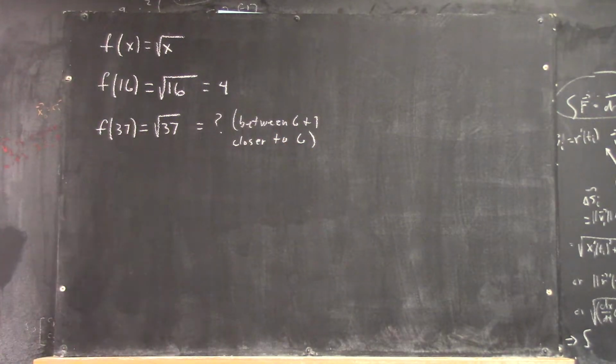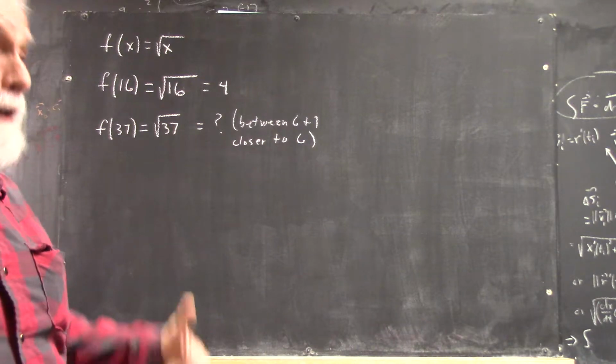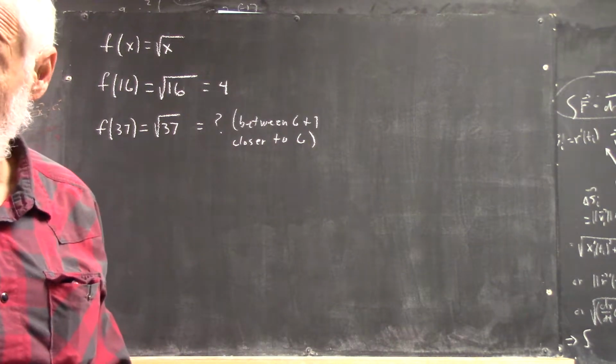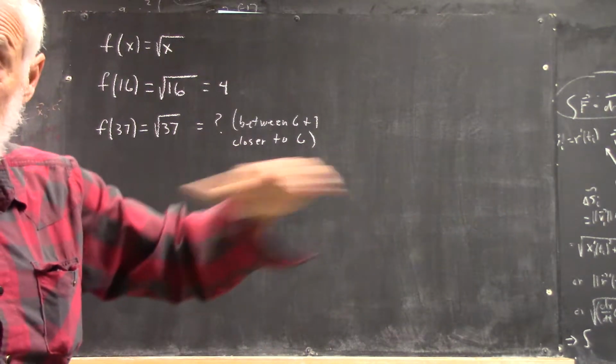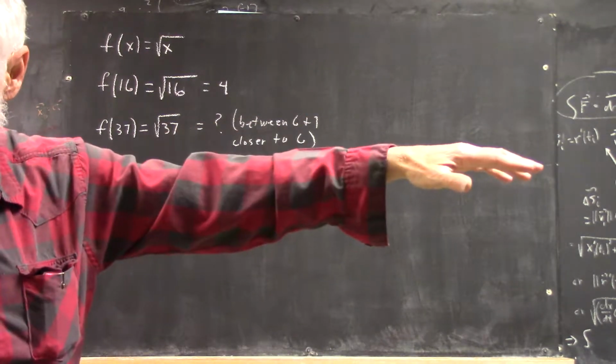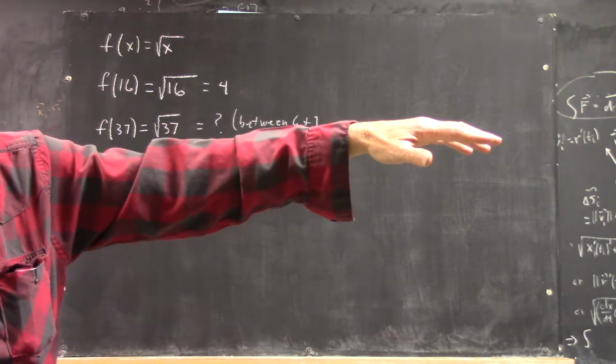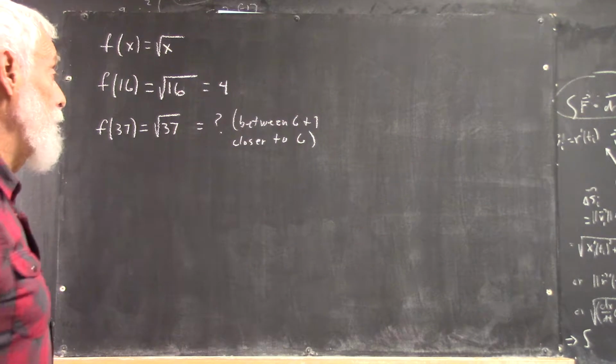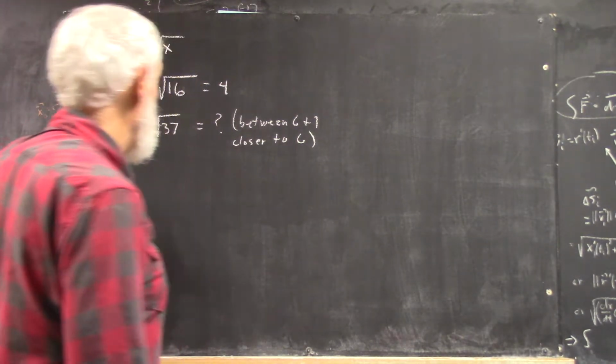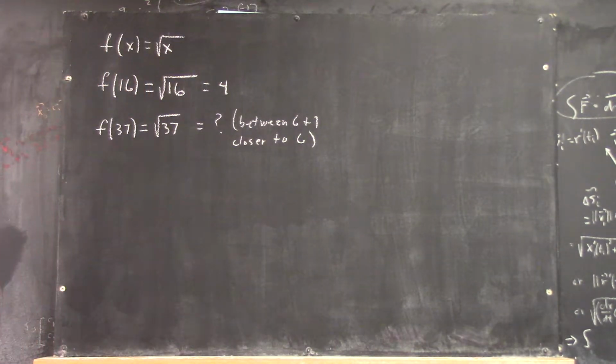It's between 6 and 7, it's closer to 6. You would need your calculator to get a good decimal approximation. It's also an irrational number. Decimals just keep going with no repeating pattern. So you can't ever write it down in decimal form exactly. It's a little less than 6.1. I would say 6.07 or 6.08.